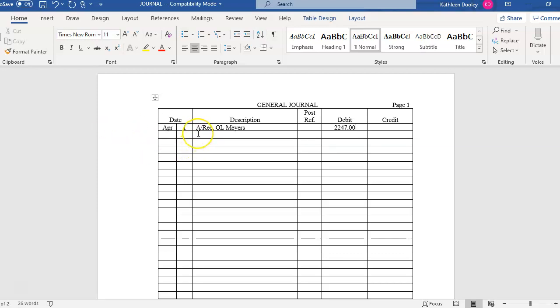Then we go down to the next, and we have to credit. So we're going to space over to indent. We're going to credit sales. That's our revenue account. Credit them the 2100.